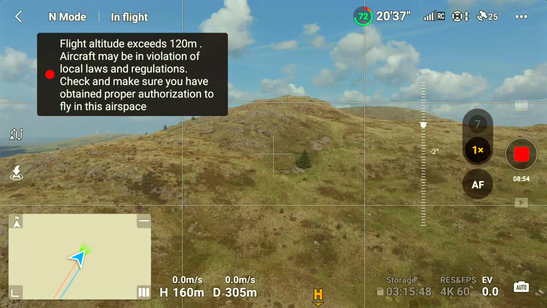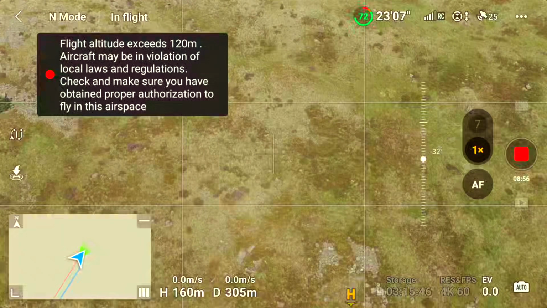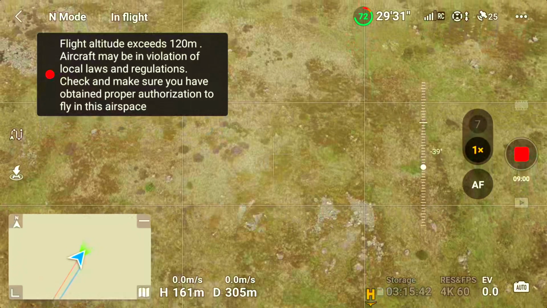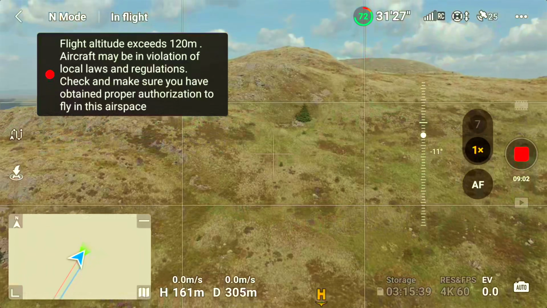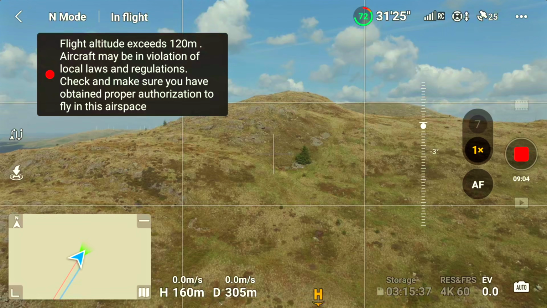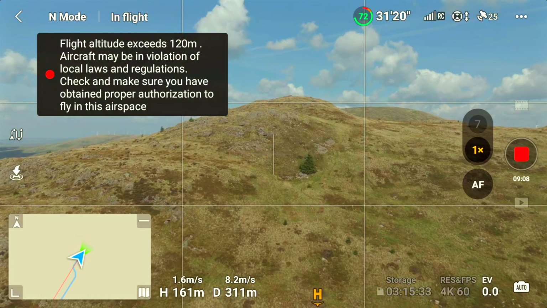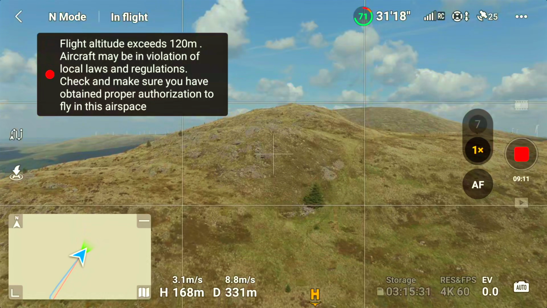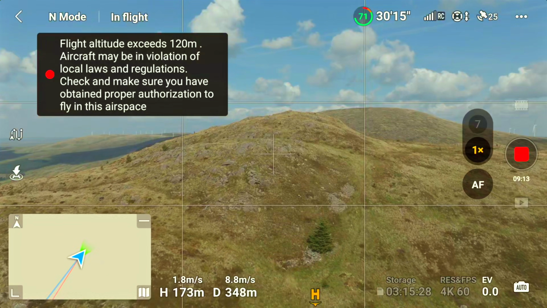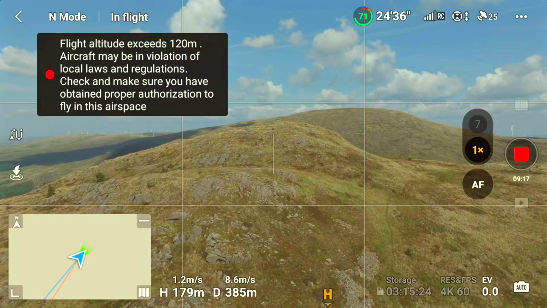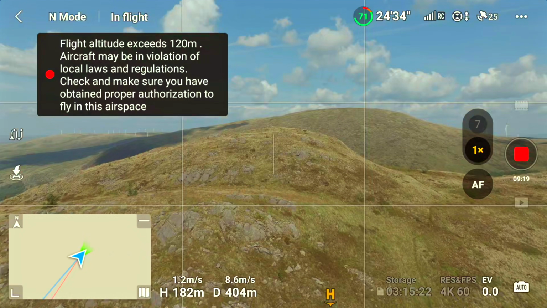It's only 20-30 metres below the drone. I'm now at 161 metres, or the drone is 161 metres above here, the launch point. But I'm still flying within the law because the drone is not further than 120 metres above the level of the ground below the drone.